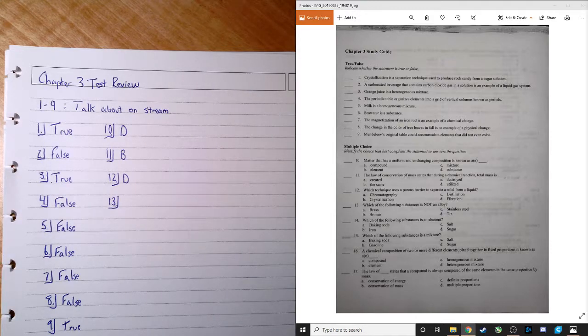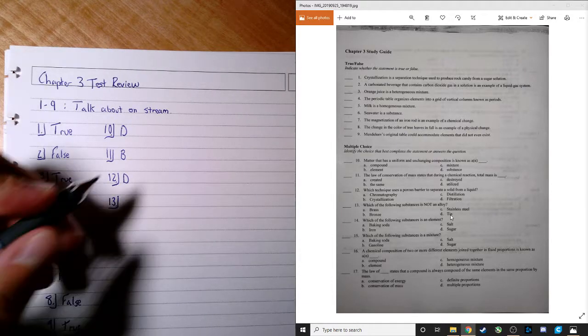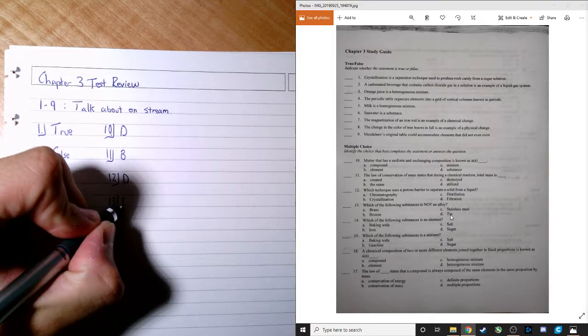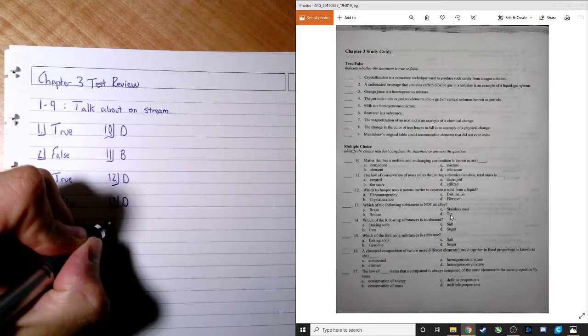If you look at a periodic table, you will find that brass is not there, neither is bronze, nor is stainless steel. Tin is on there. Its symbol is Sn. So, therefore, number 13 would be D.